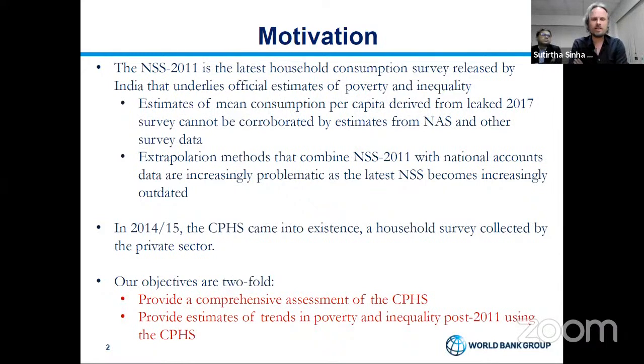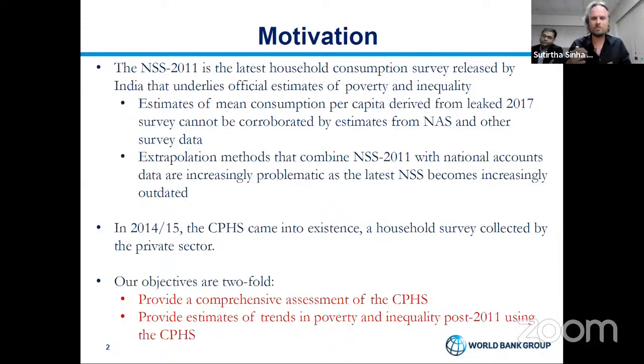The World Bank routinely addresses challenges of this kind by appealing to national accounts data. It estimates the household consumption distribution for the last time microdata was available, so 2011 in the case of India, and it then looks at growth rates in consumption from national accounts data.